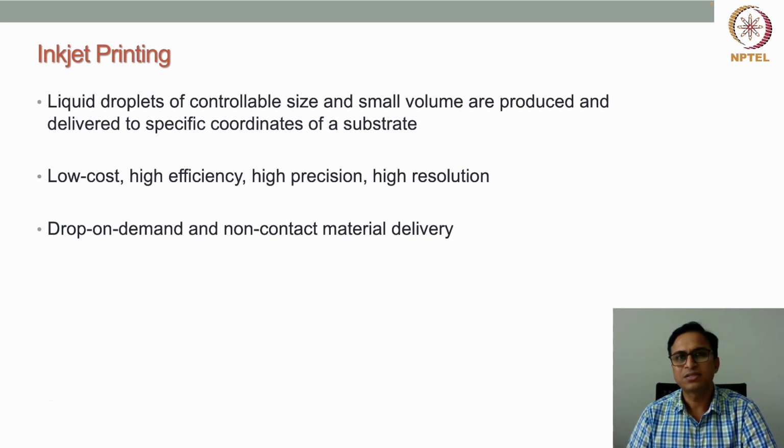And this inkjet printing is capable of producing droplets of the order of 1 picoliter. So very fine, very tiny droplets can be produced. So the resolution of this printing technology is very high, because we can produce these very tiny droplets and then deliver them at certain coordinates of a printing substrate or printing stage.